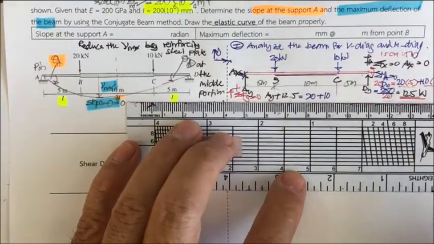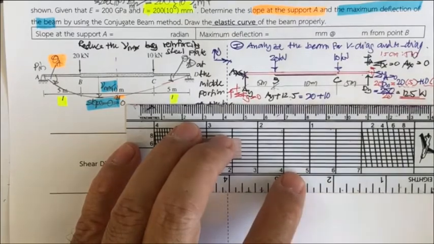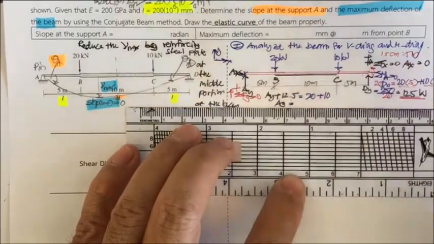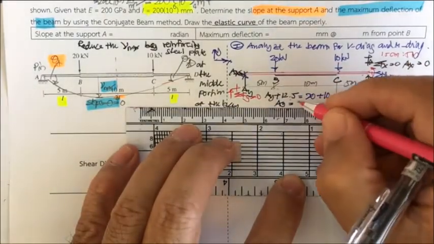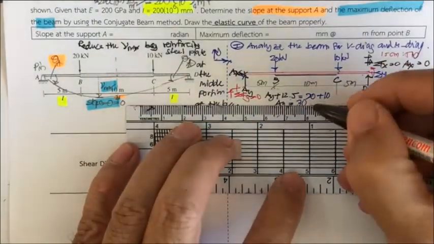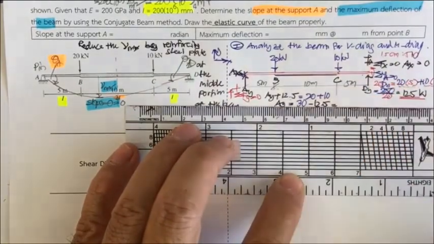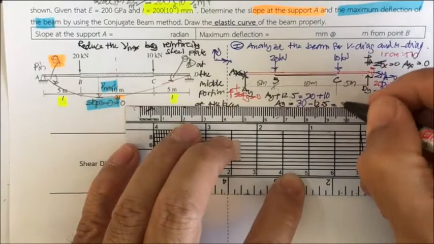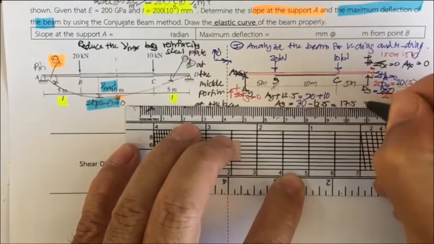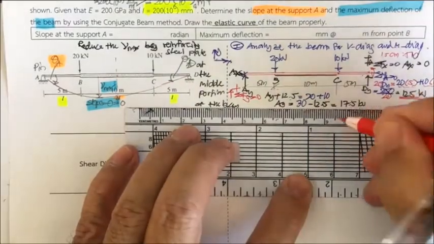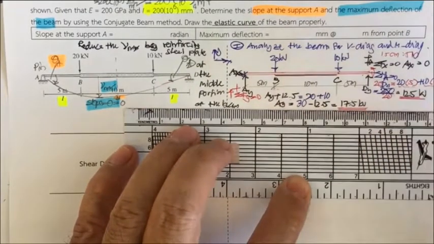So A sub y is going to equal 30 minus 12.5, and then you get 17.5. This is going to be 17.5 kilonewton. Okay, that is your reaction at A.